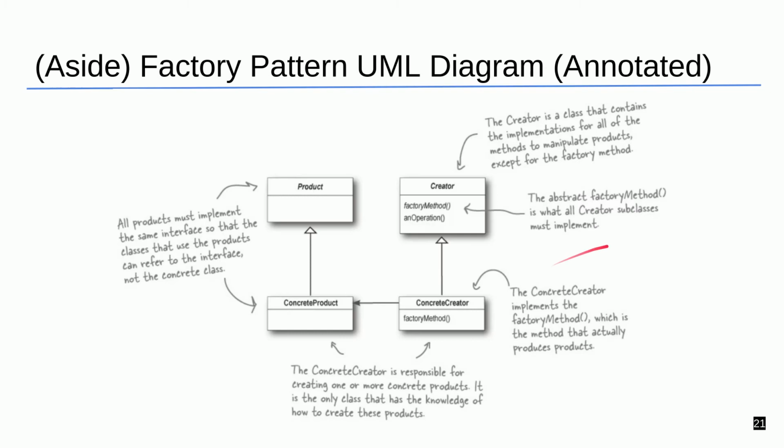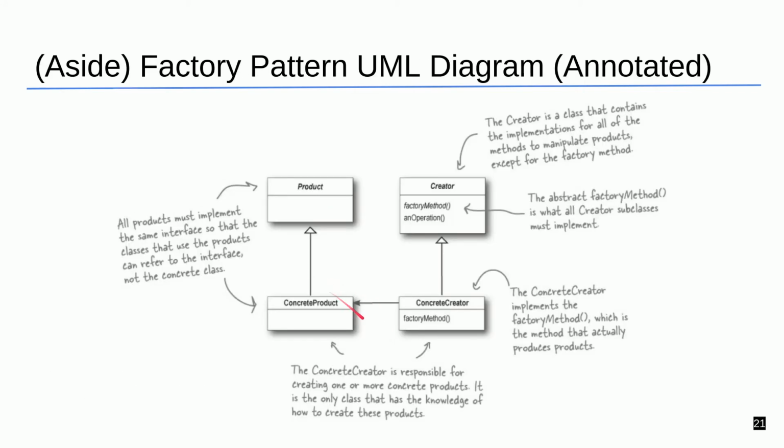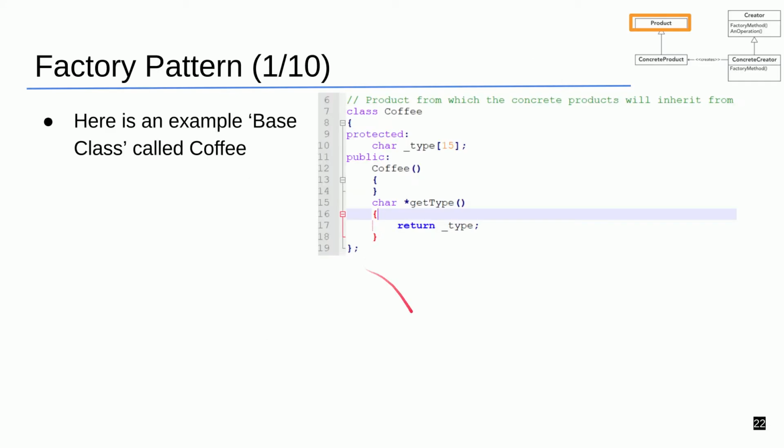Okay, let's look at an example. Here's another annotated version of this UML diagram. This is from Head First Design Patterns, also a nice textbook if you want to see some of these UML diagrams. But let's look at a concrete example with coffee.